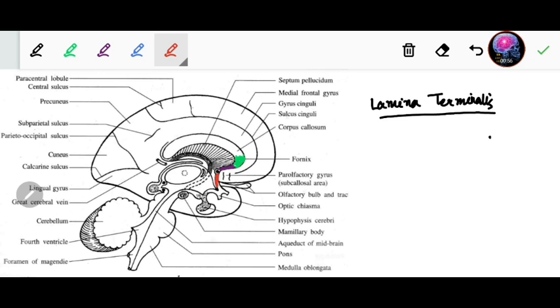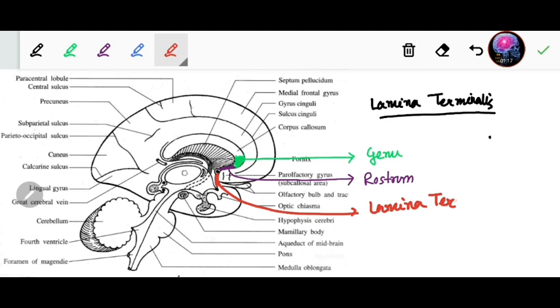This is the lamina terminalis. Genu, rostrum, lamina terminalis.